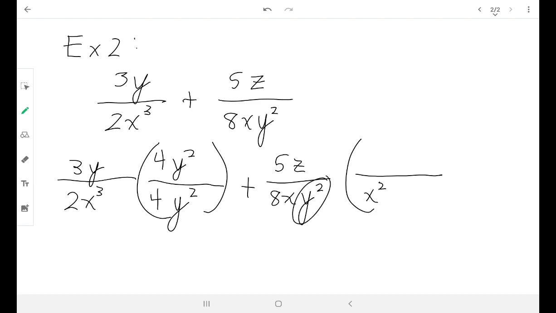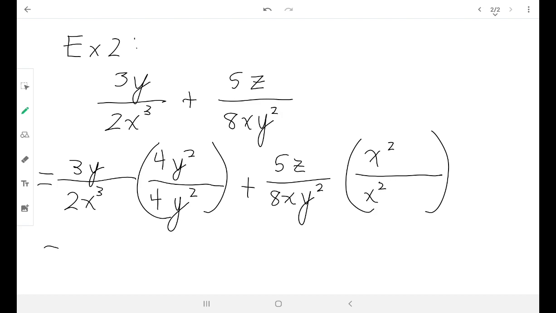Now, I've got 2 y's here, so I don't need any y's, because I'm going to wind up here, I'm multiplying by those 2 y's, so I'm just going to wind up with 2 y's there. So it turns out that all I have to multiply by are those 2 x's. Okay?